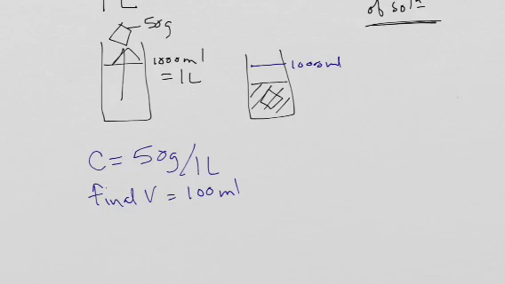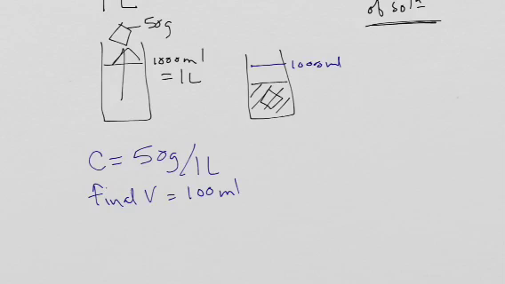Well, for sure, I am not adding 50 grams of powder to that. That's way too much. But I have to figure out how many grams of powder I'm going to need to add so that I can get that final concentration to be equivalent to 50 grams for every 1 liter of final volume.